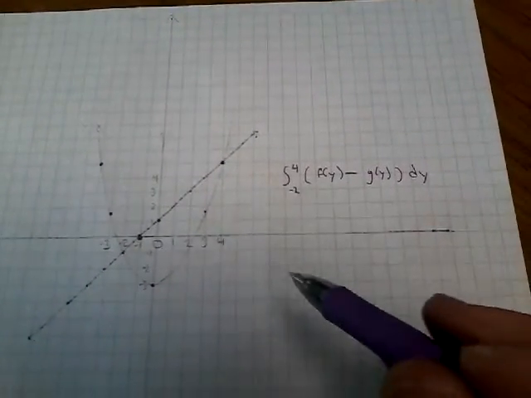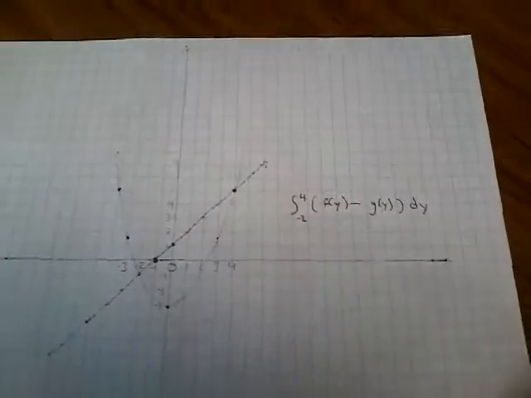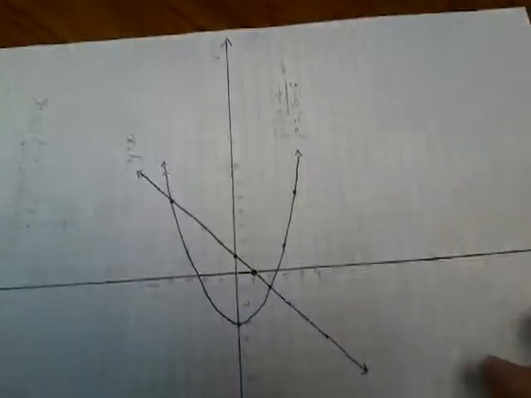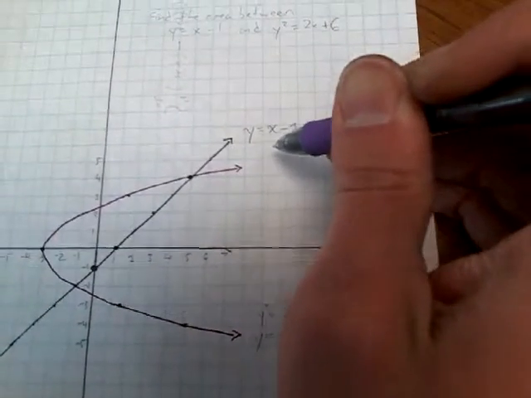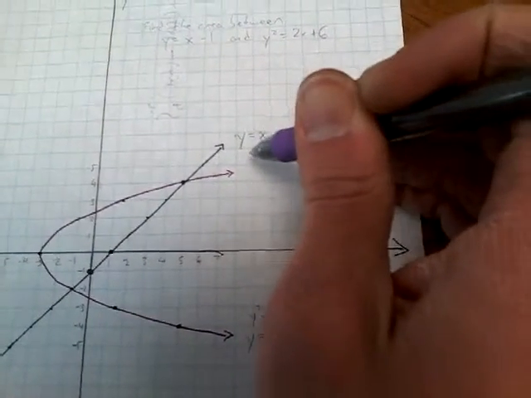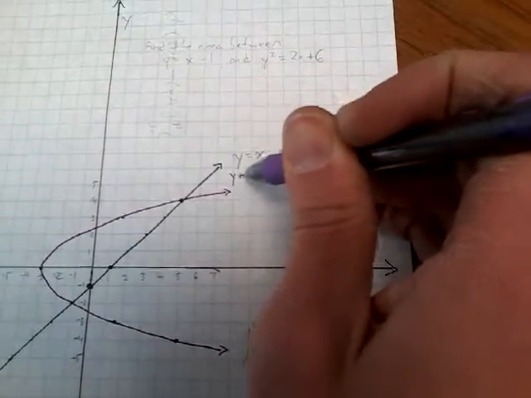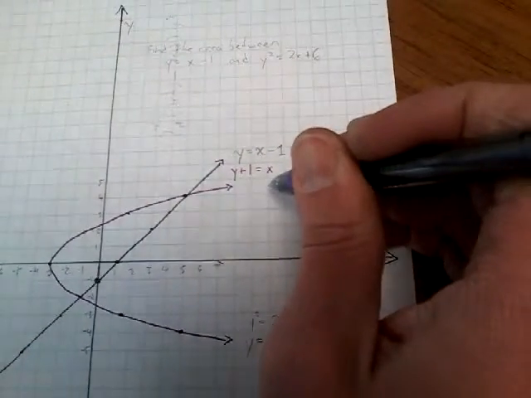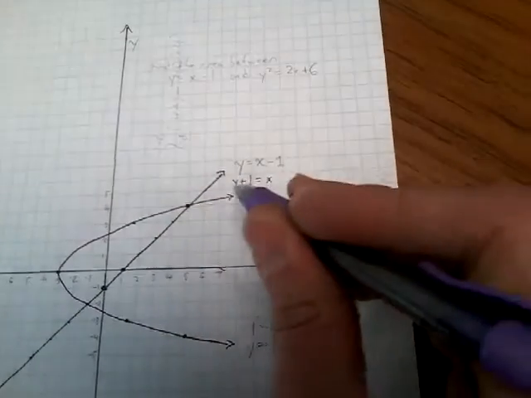Now, let's think of what the equation of this straight line was with respect to y. With respect to x, it's x minus 1, but if we add 1 to both sides, we have x equals y plus 1. So we could say that this straight line is y plus 1.